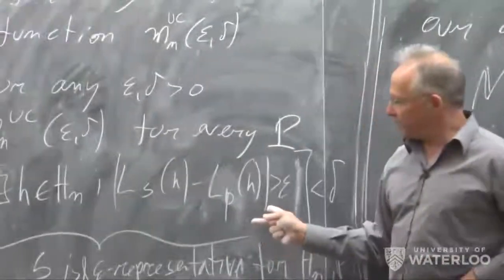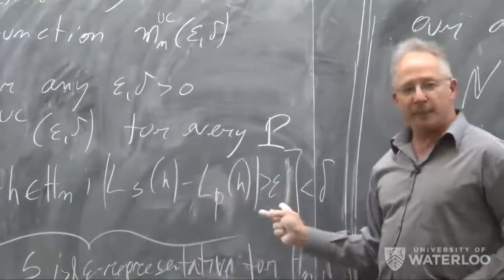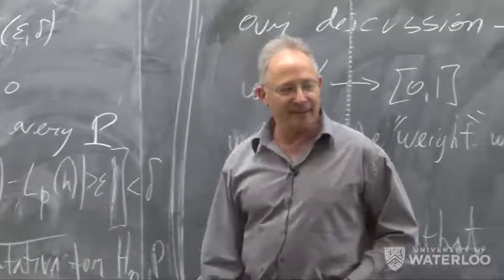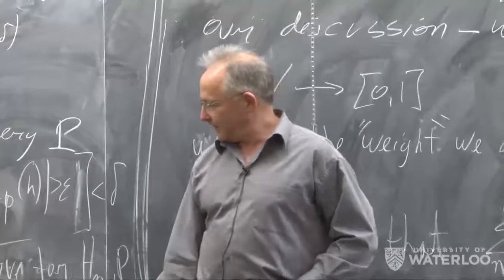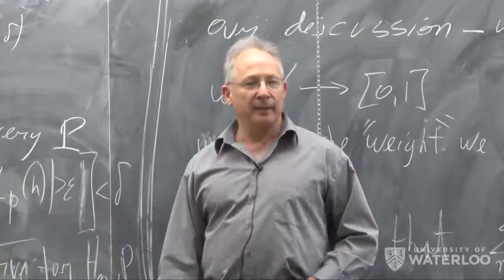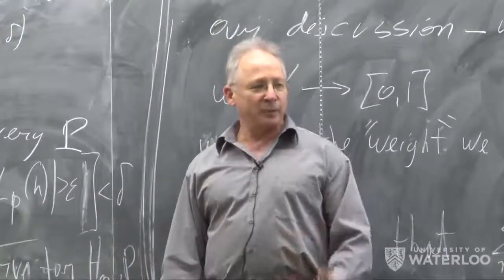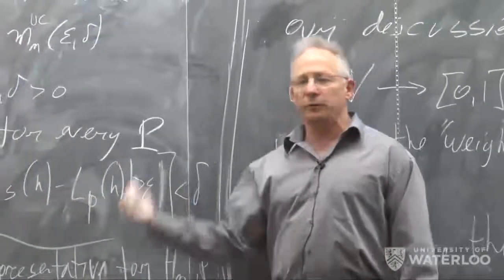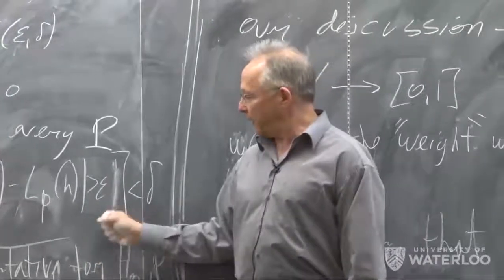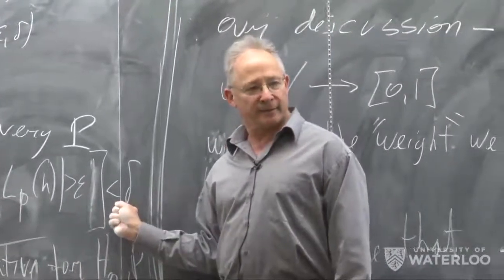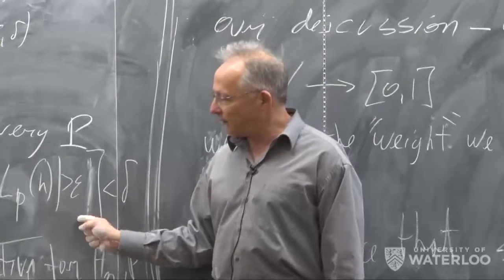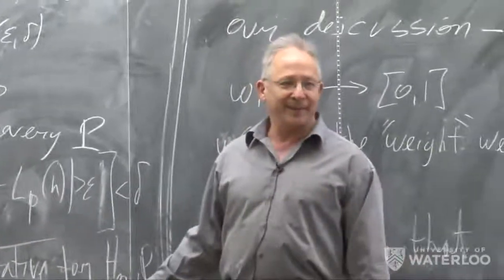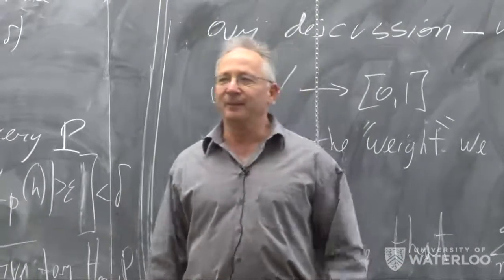H is not epsilon representative because there is a big gap. It's very unlikely for that to happen. Then the uniform convergence property told you that this bad case, that S is not representative, is very unlikely to happen. It has probability smaller than delta. But what we have in the bracket is the event that S is not epsilon representative. Okay, thank you.